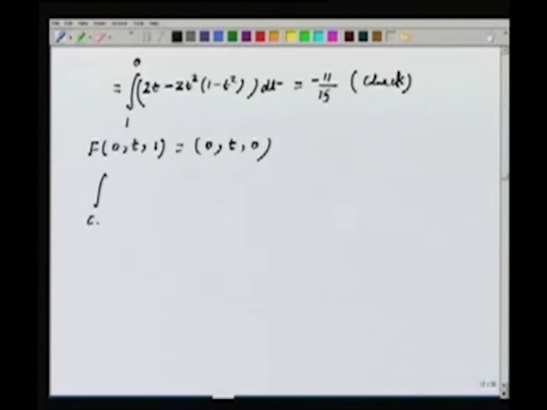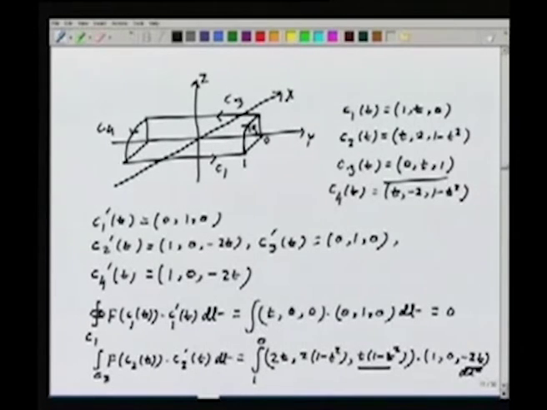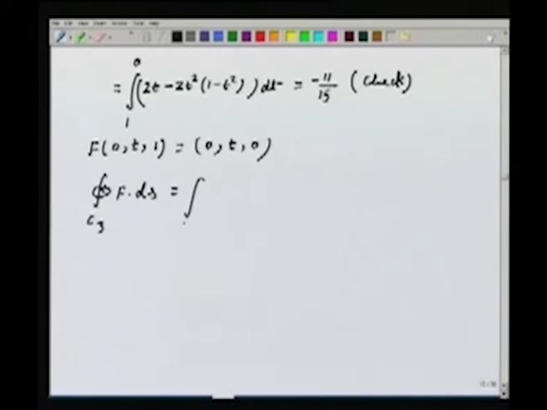So the integral over C3 in this direction, f dot ds, I have to look at. Then I have to see what is the limit of C3. C3 varies from this way to this way. So this is from 2 to minus 2.